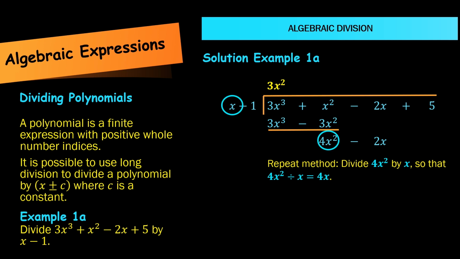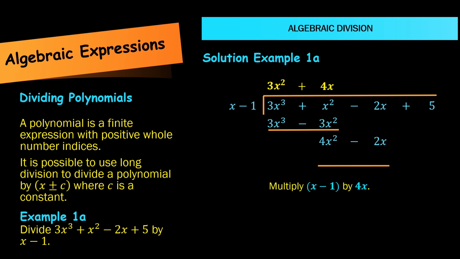Divide 4x squared by x to give 4x. Position the 4x here and then multiply by x minus 1 to give 4x squared minus 4x.